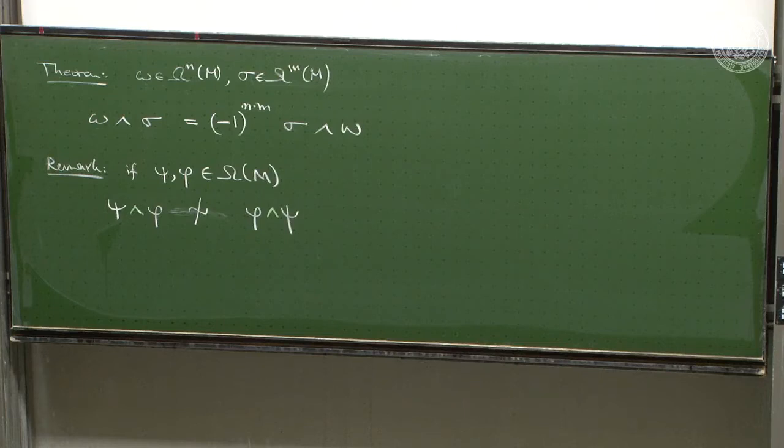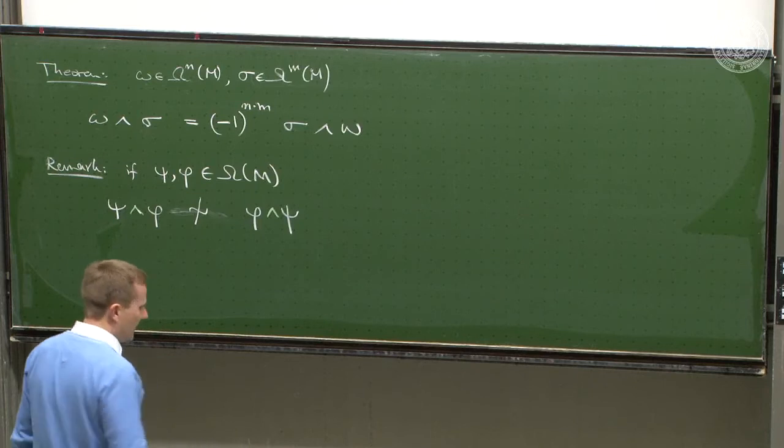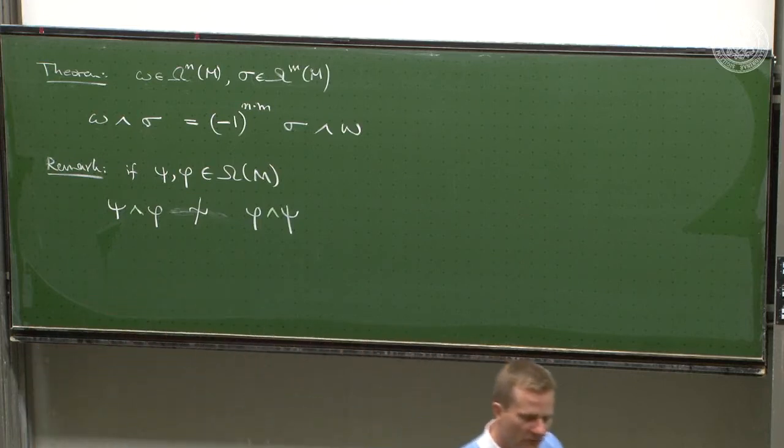Yeah, and now the question is, what about differentiation? So we had differentiation of functions in terms of the gradient, and we had differentiation of maps in terms of the push forward, after all, right? That was the differential of the map. The question is, what is the derivative of the forms?